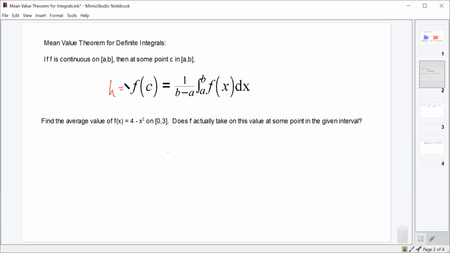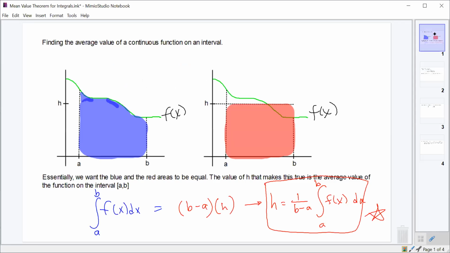It will appear somewhere on the interval between a and b. Guaranteed. So if I go back, we'll note that somewhere in here, at c is where we hit h, where we actually hit the average value. We will always hit the average value somewhere.